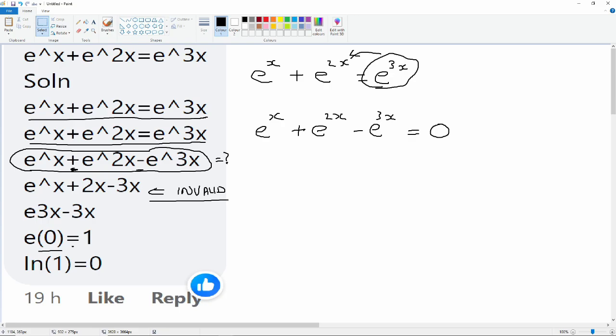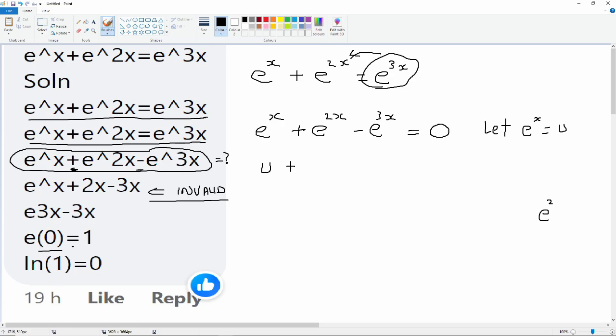Now can we fix it? Okay, so what we have here, let's see what we can do. Let's let e to the power x equal u as a substitution variable. So whenever we see e to the power x, we're going to say u. So e to the power x is just u plus, now e to the power 2x is the same as e to the power x all squared.